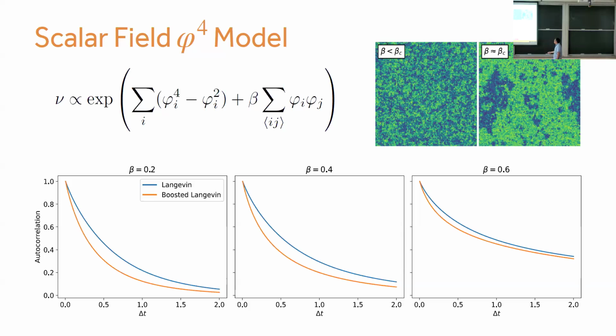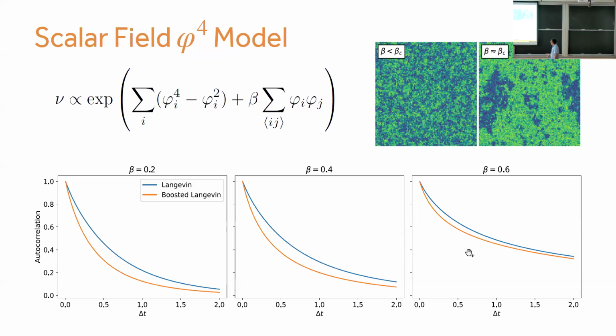We compare again the effect of Langevin and boosted Langevin under our technique with different beta. You can see that for these three temperatures, we can always reduce the autocorrelation time of the dynamics. That means we get faster sampling compared to Langevin. And not surprisingly, as beta increases, the task itself becomes more difficult, and our acceleration effect gets reduced.